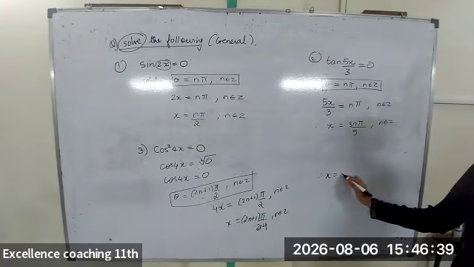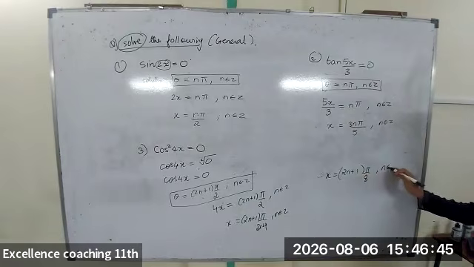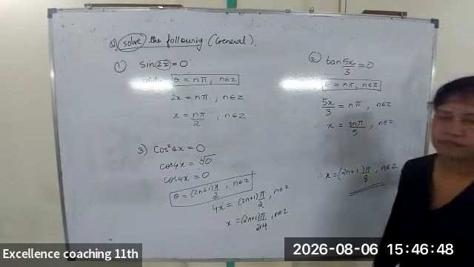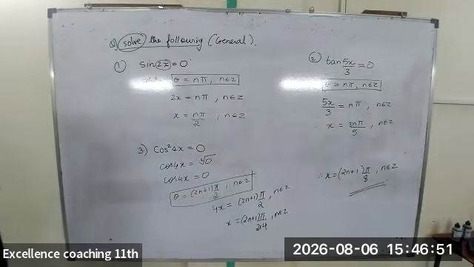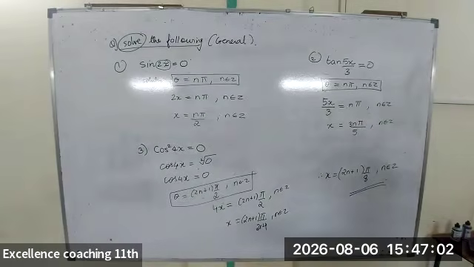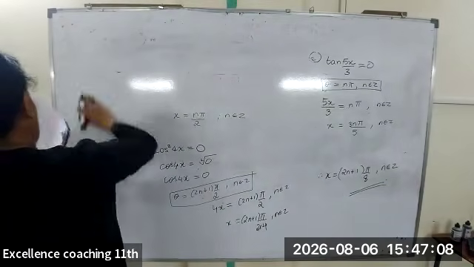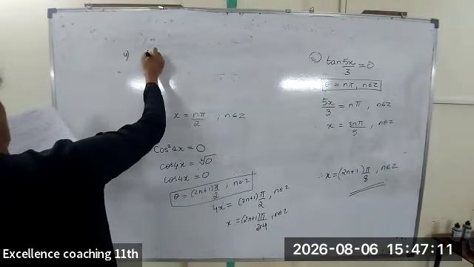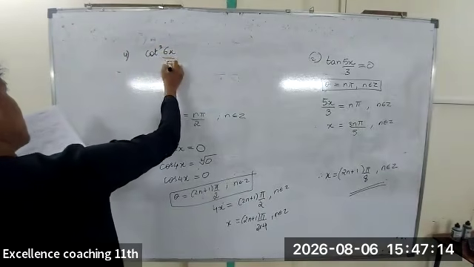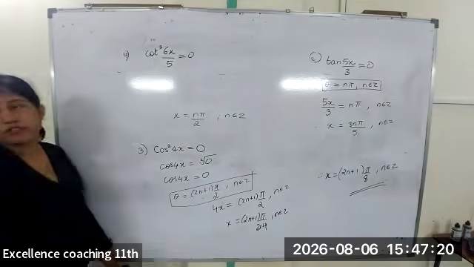Final answer will be what? Sometimes even if some number is there at the side, 4 and all, that 0 upon 4 will anyway become 0.